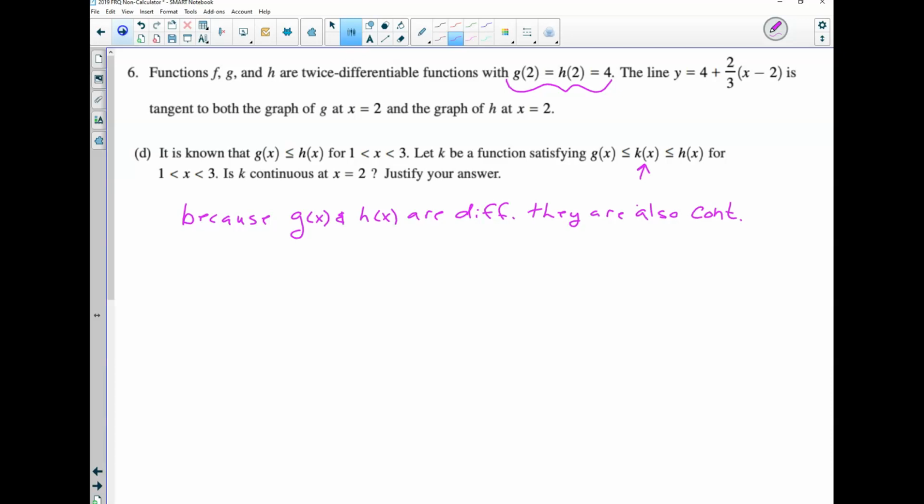Okay? So therefore, the limit as x approaches 2 of g of x equals g of 2, which is 4. These two are equal because it's continuous and differentiable. And the limit as x approaches 2 of h of x equals h of 2, which is 4.